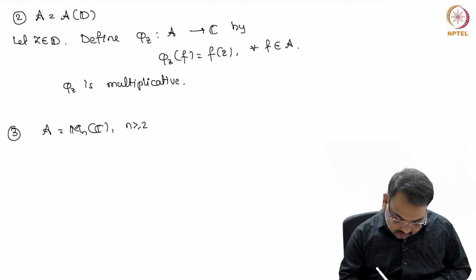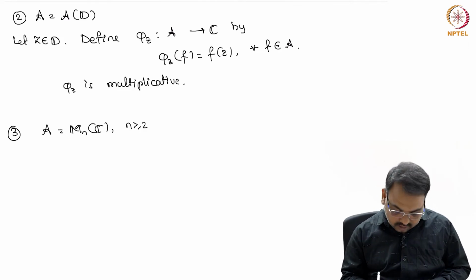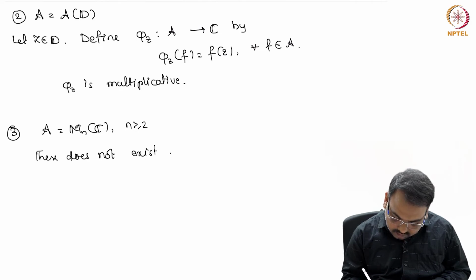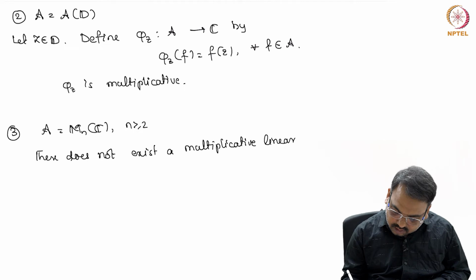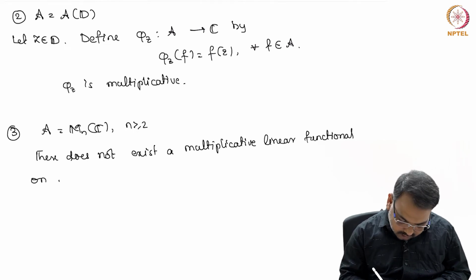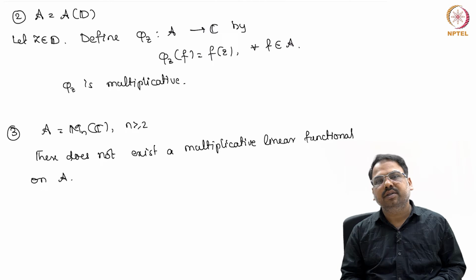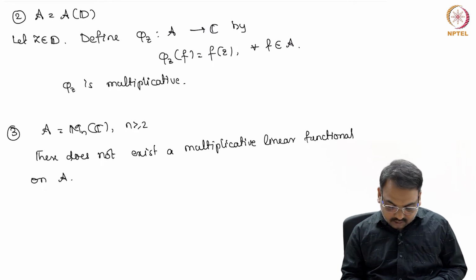Now we can check that there does not exist a multiplicative linear functional on A, because on M_n(C) trace is the only linear functional and that cannot be multiplicative. There are no other linear functionals other than trace.